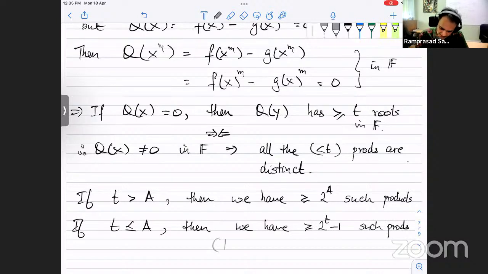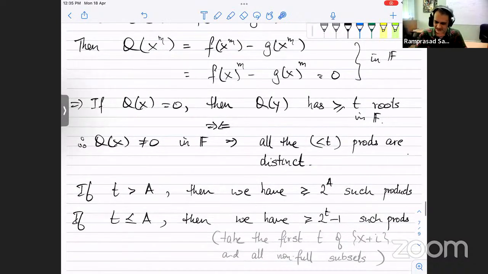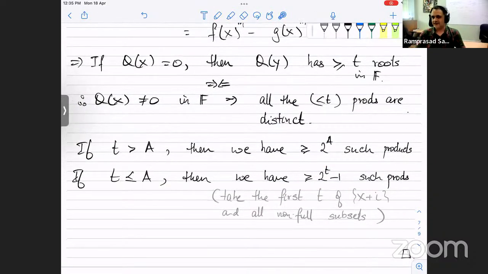Okay, this is basically take the first t of these x plus i's, and all products, all subsets, all non-full subsets, so that you are only allowed to take t minus 1 of them. So take just the first t of them and take all possible non-full subsets. So there are at least 2 power t minus 1. And that's it. And that completes the proof.